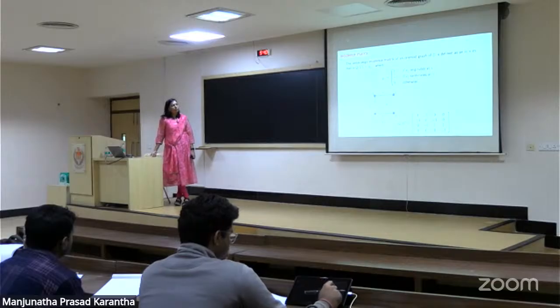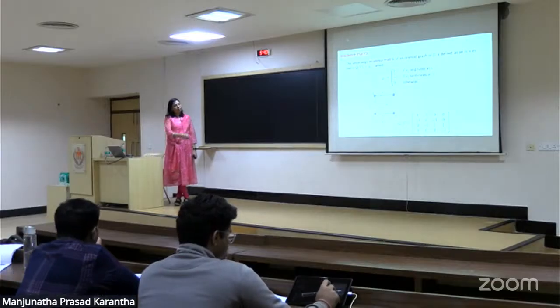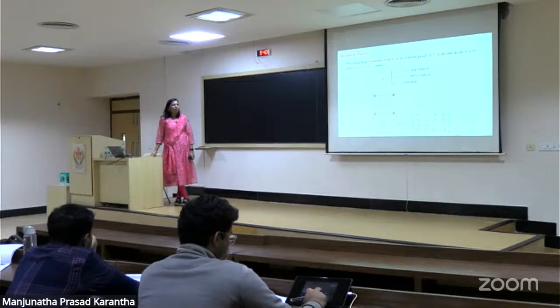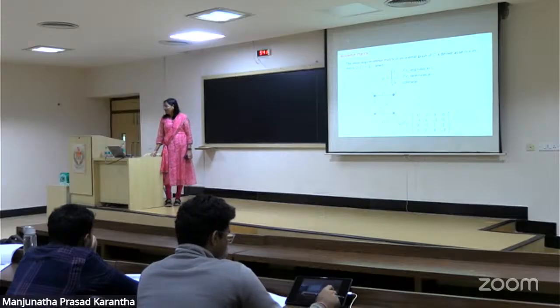Now this matrix, you can see the rows are indexed by the vertices and the columns are indexed by the edges. For each edge there are two end vertices.